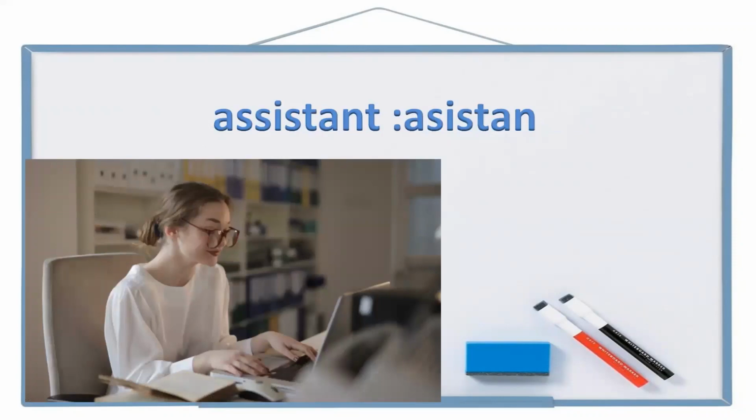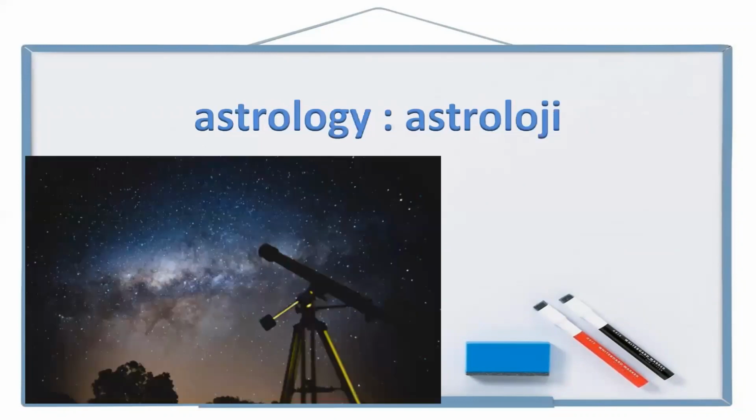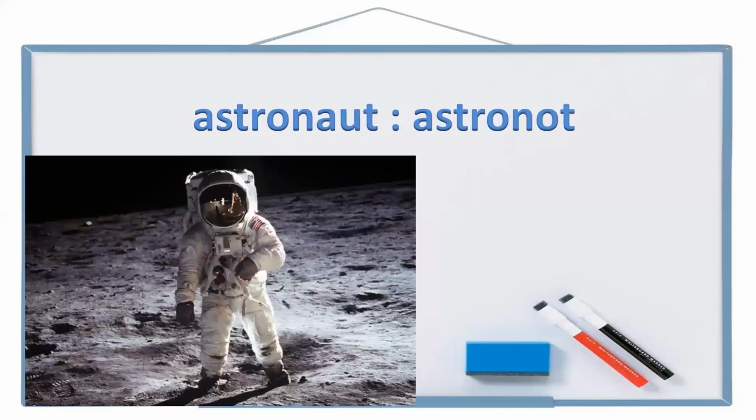Assistant is asistan. One more time. Asistan. Next one is astrology. Again, G becomes J. Astrology. One more time. Astrology. All right, let's go on.